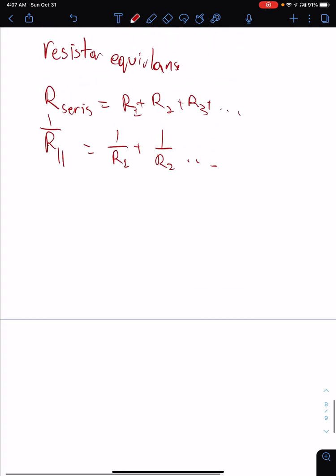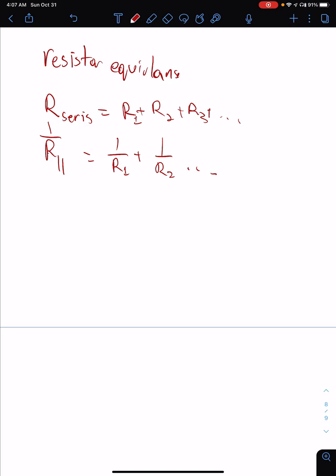With these two rules for resistors, you can simplify massive systems of resistors as long as there's not another battery inside. Or you could do it between batteries.